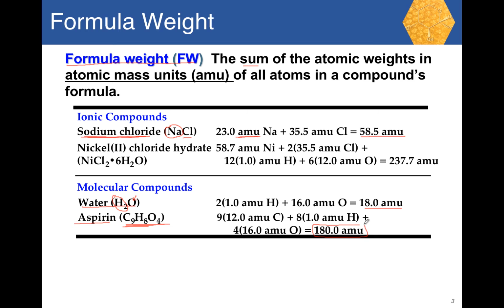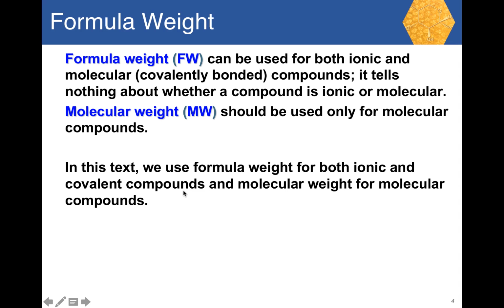180 AMUs. Notice here we have 2 types of compounds: ionic compounds, which means they have a cation and an anion forming that bond. And here we have molecular compounds, which means essentially that the bonds are covalent bonds. So I'm mentioning that because we have 2 terms here.